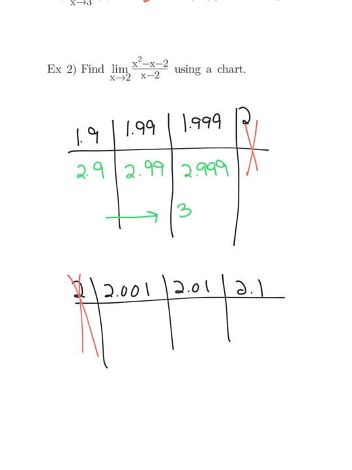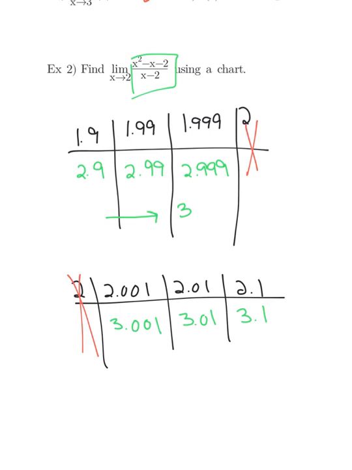If you put 2.1 into this function, using your calculator, you will get 3.1. If you put in 2.01, you will get 3.01. If you put in 2.001, you should get 3.001.